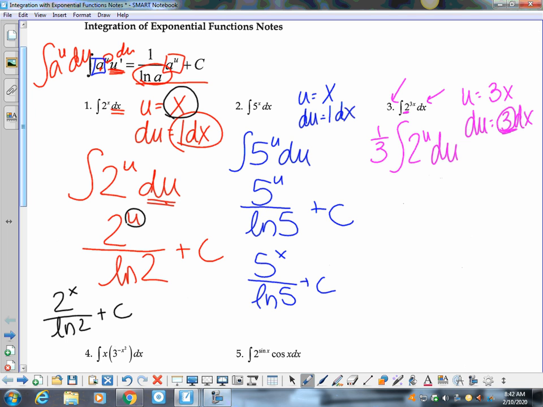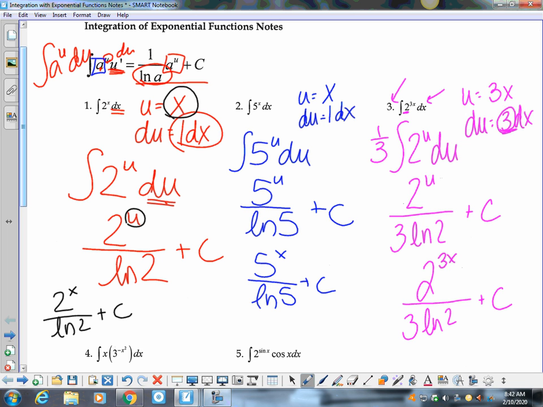So now, integrate it. 2 to the u over 3 ln of 2 plus c. Plug your u back in. Now there is something that you have to be careful about. Because with logs, see that 3 that's in front of the log?